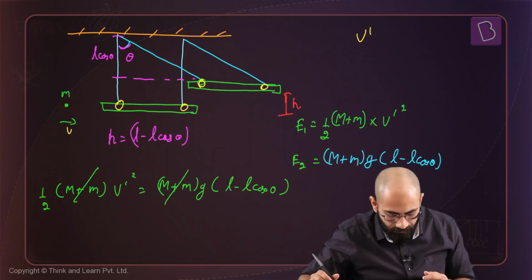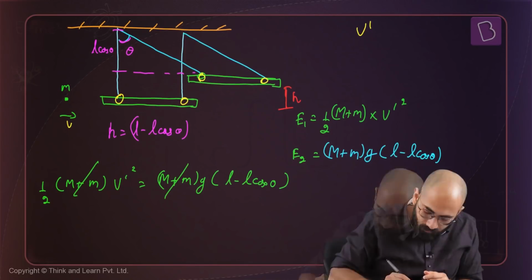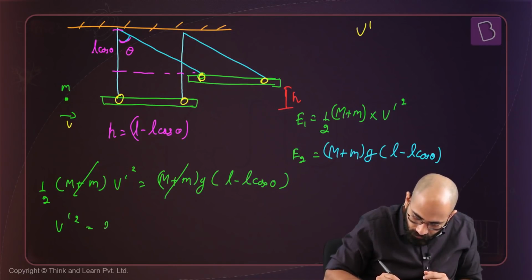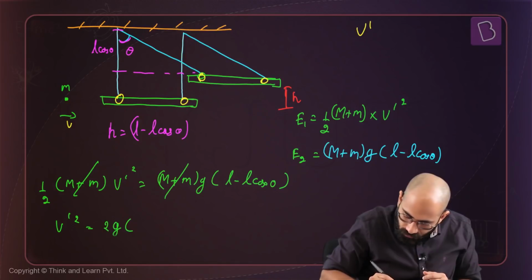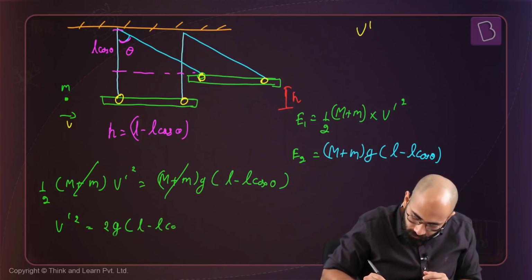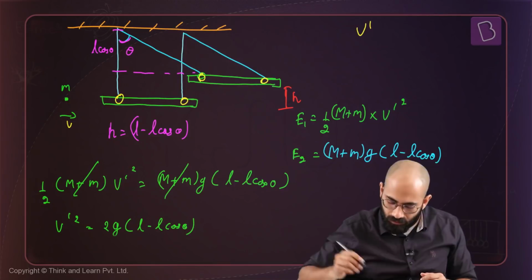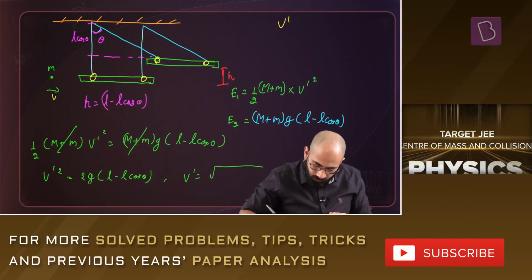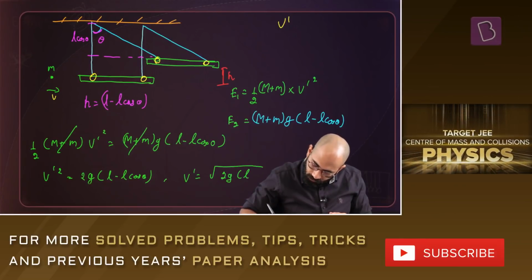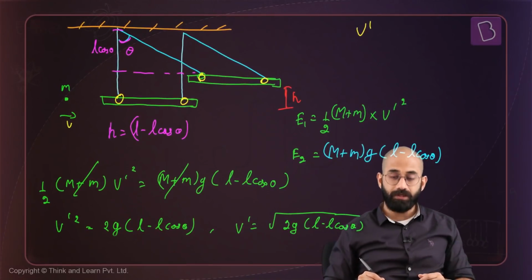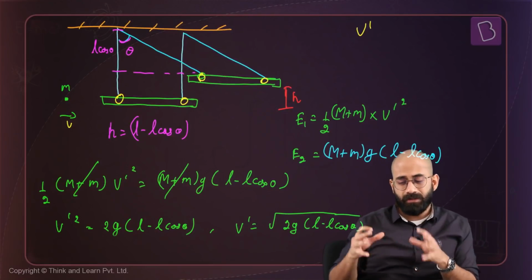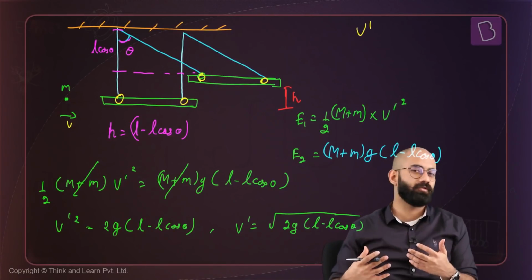Then V dash squared equals 2 g L (1 minus cos theta). This implies that V dash equals the square root of that. This is your value for V dash, and please keep in mind that this is the velocity of the system after collision.